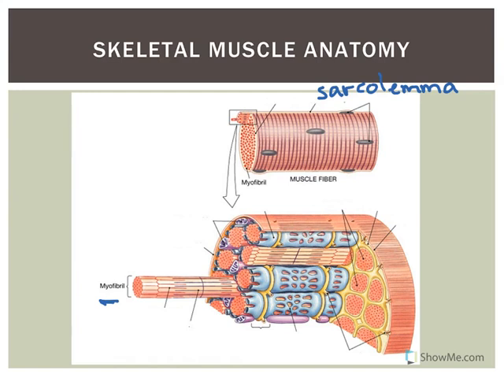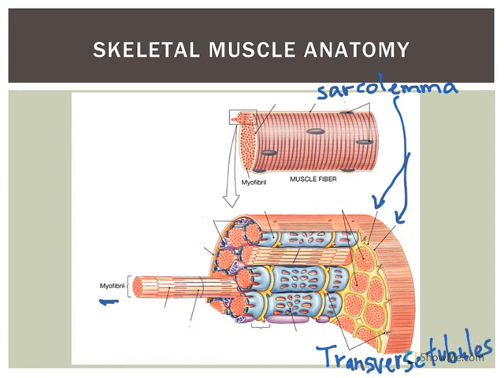And if we look at the bottom picture, you see that sarcolemma again here. But what you'll also notice are these structures that are invaginations of the sarcolemma, and they're the T-tubules. The T-tubules are what you see in yellow. They're also referred to as transverse tubules, or you can abbreviate them with the letter T, T-tubules.